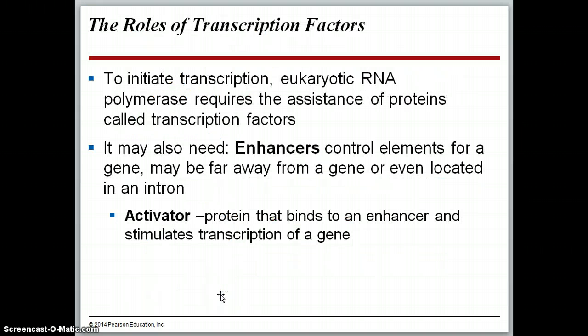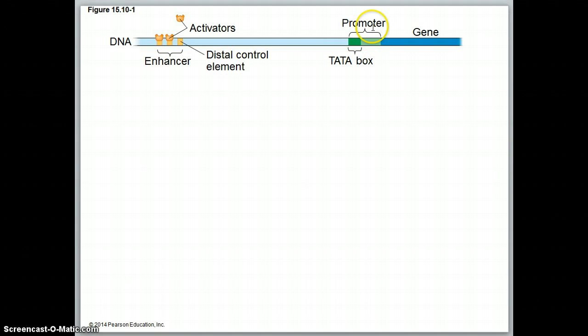Transcription factors are also very important with the transcription of genes, so they're required. But what also may be needed are enhancers. Enhancers are basically control elements for a gene, and usually they're located a little farther away from the gene that's actually being transcribed. And enhancers require activators. So I'll show you how this works. You can see here's that promoter that we were just talking about. Here's your gene of interest. And then farther down, you have these distal control elements that we call enhancers.